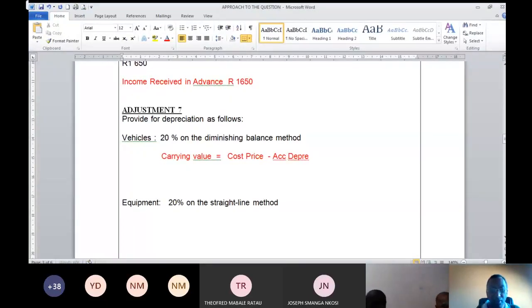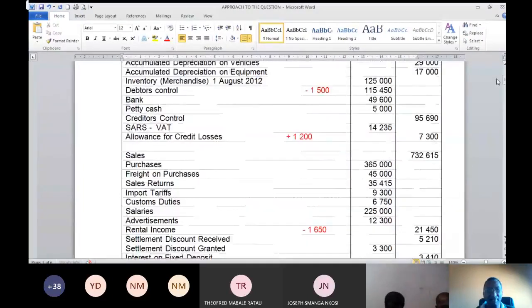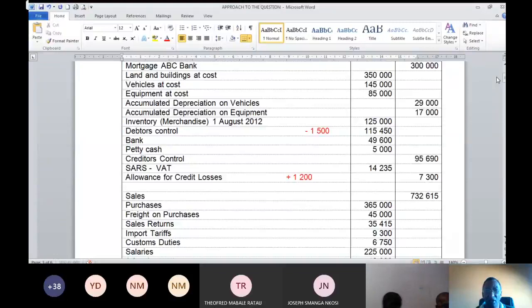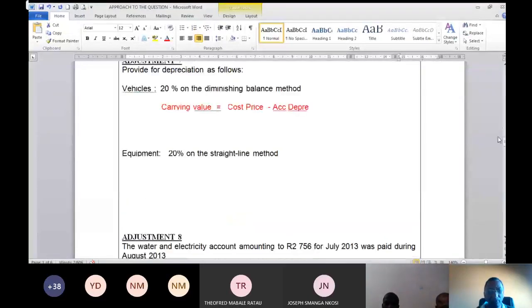So go to the question, go to your adjustment, and you will see, as far as vehicles is concerned, the cost price of vehicles is 145,000 Rand, and the accumulated depreciation on vehicles is 29,000 Rand. So back to our calculation now.